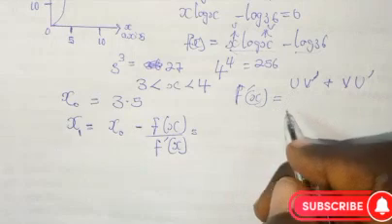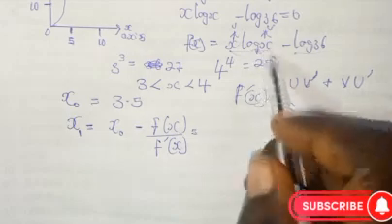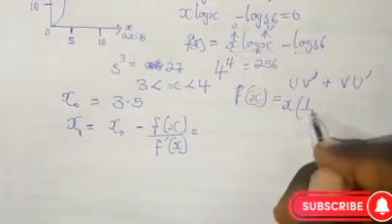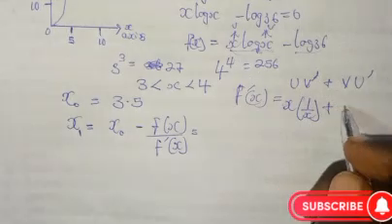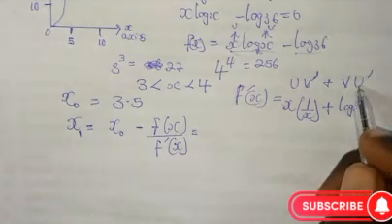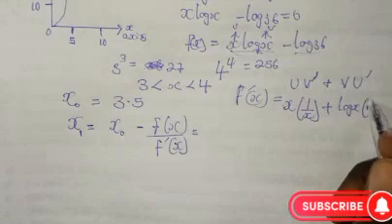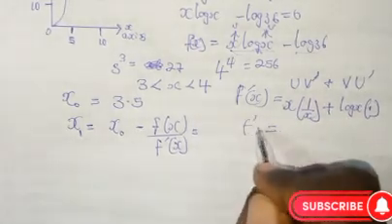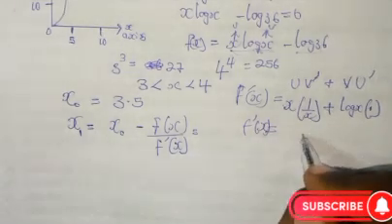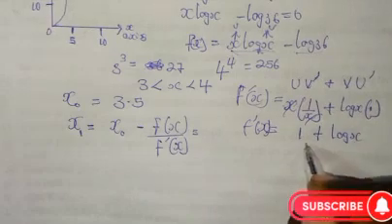So we have u, which is x, multiplied by the derivative of v, which is log x. The derivative of log x is 1 over x. So at the other side, we are going to have log x, the derivative of u, which is x, and the derivative of x is 1, right? So we have the derivative of f(x) equal to, this cancels out, 1 plus log x.